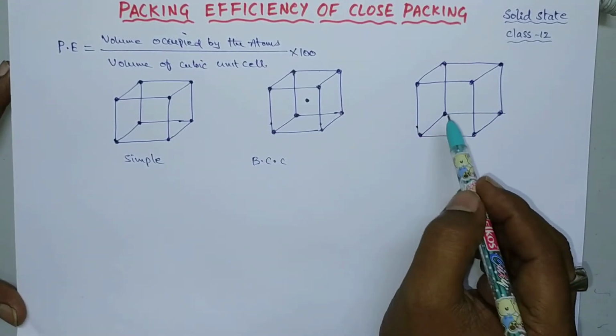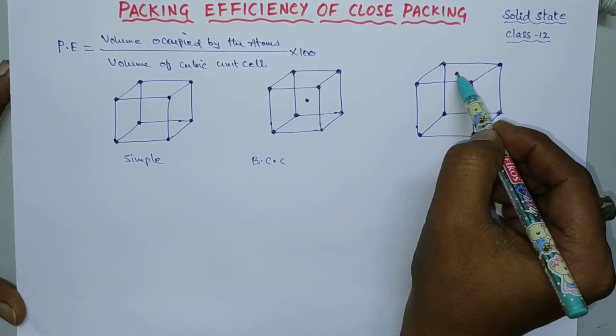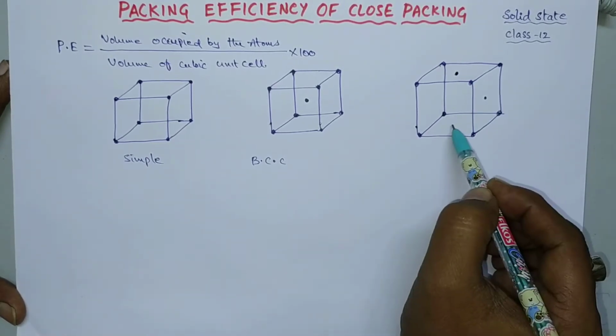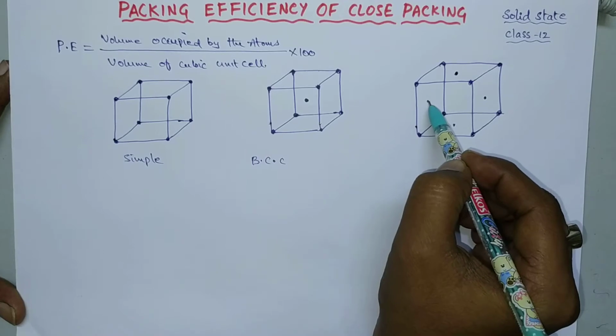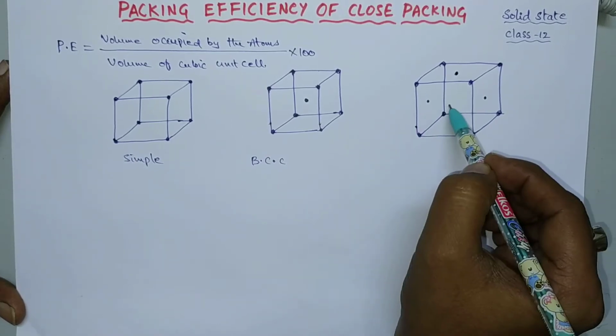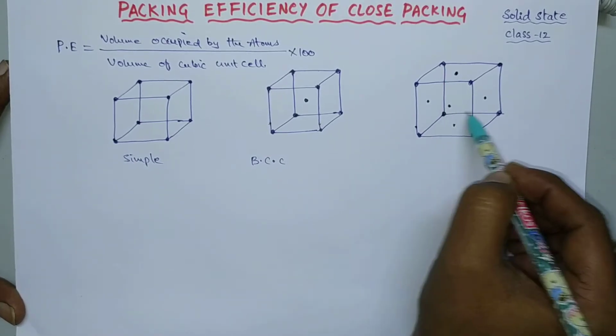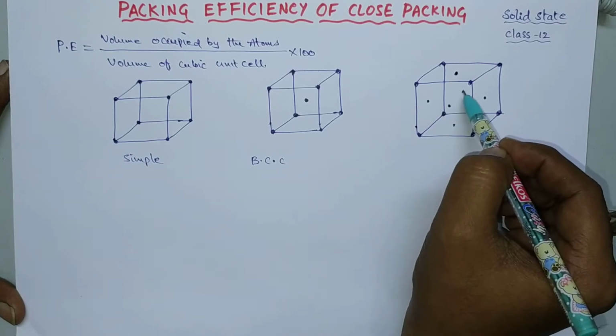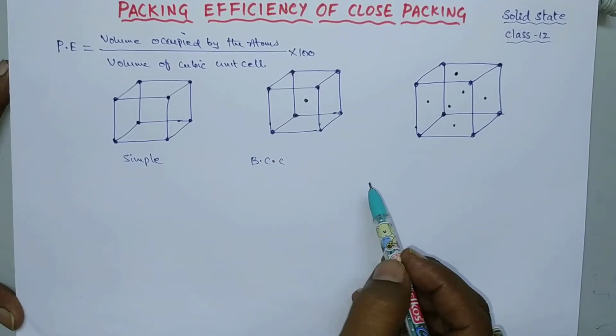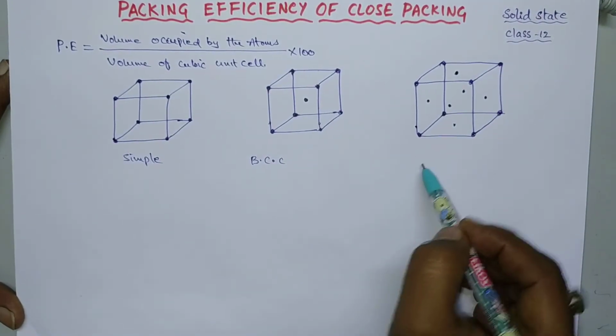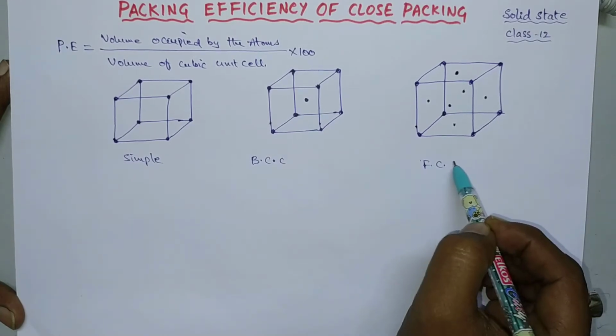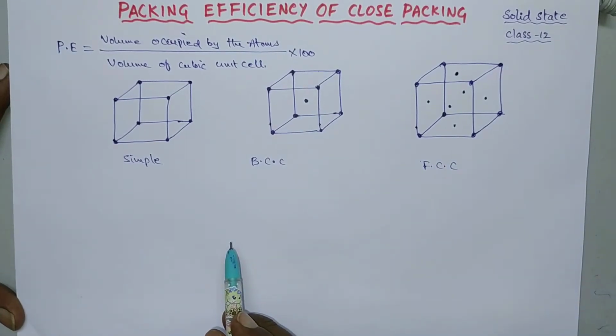There are 8 corners, and also the center of each face. Totally there are 6 faces: this is the top face, right face, bottom face, left face, the center of the front face is this one, and the center of the back face is this one. So this is the face centered cubic structure, FCC.